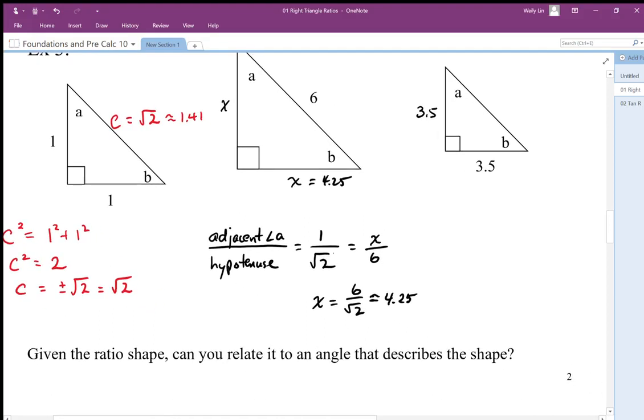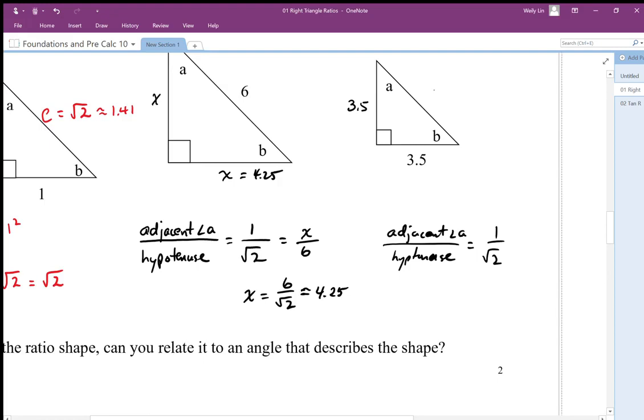I'm going to use that same ratio, adjacent to angle A divided by hypotenuse, so it's going to be 1 over square root 2.